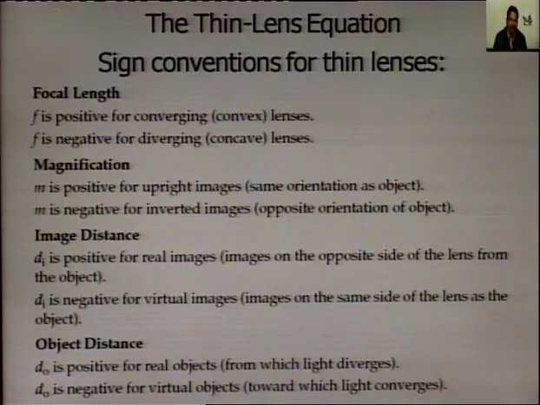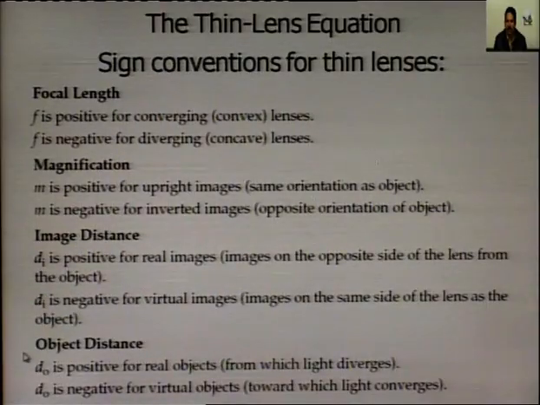So the distance of virtual images is negative. A virtual image is formed on the same side of the lens on which the object is present. So when the image is formed on the same side as the object, the distance of the image is taken as negative. Object distance, d naught.